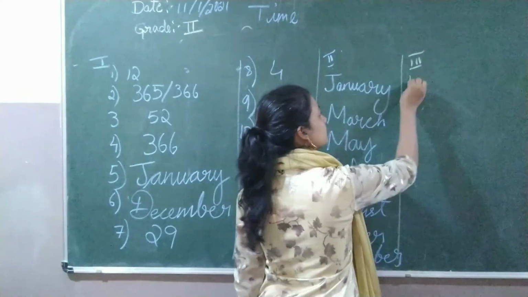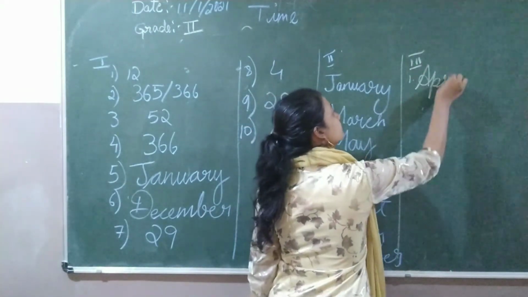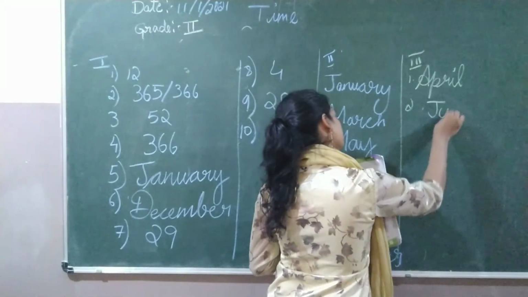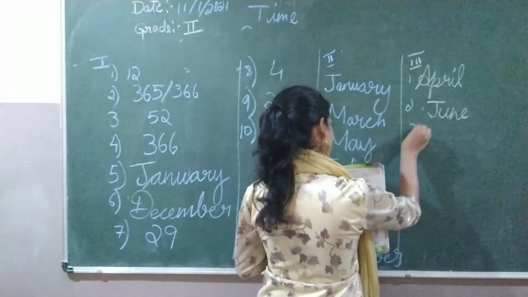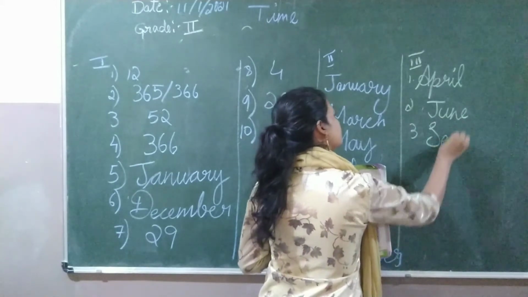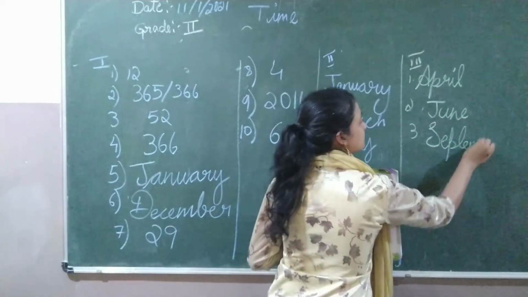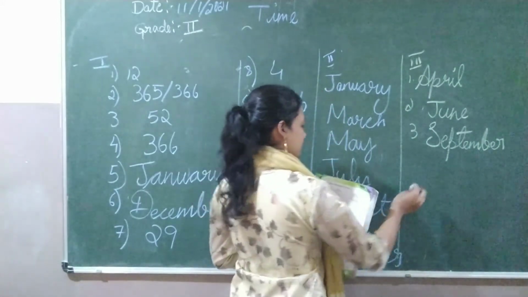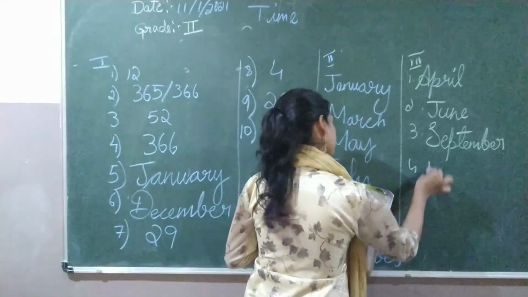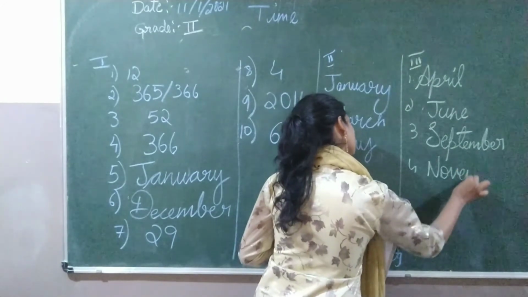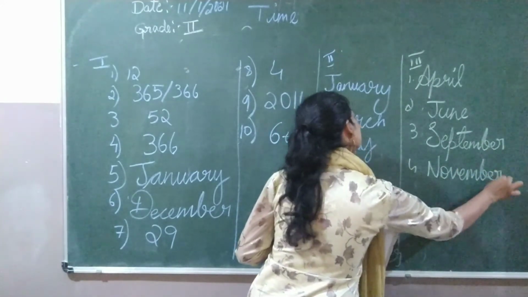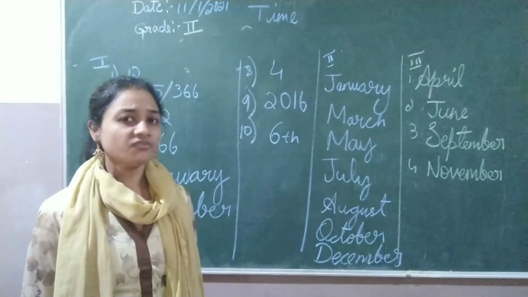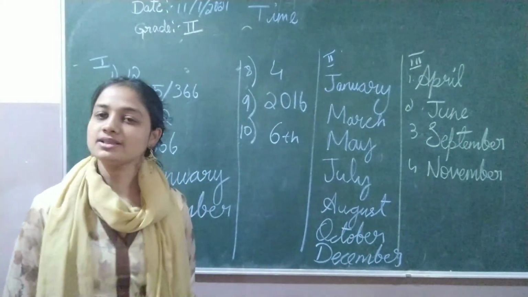That is April, June, September. February is special.